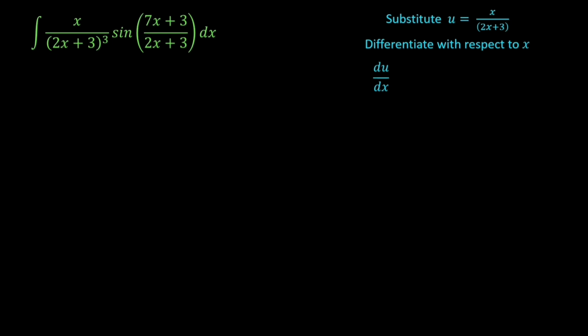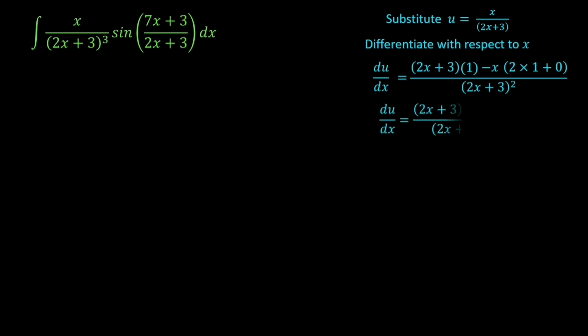Differentiation of x over (2x plus 3): first, denominator value (2x plus 3) into differentiation of the numerator value, which is 1, minus numerator value x into differentiation of the denominator value, which is 2 into 1 plus 0. Whole thing divided by denominator value perfect squared. Denominator value perfect square equals (2x plus 3) perfect squared.